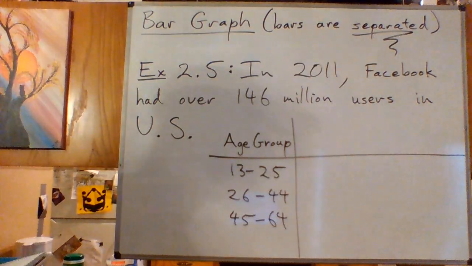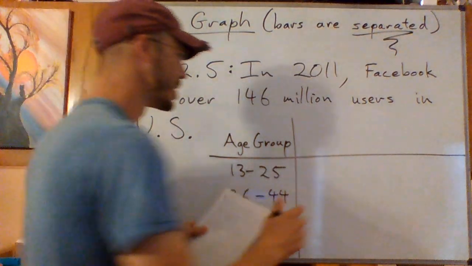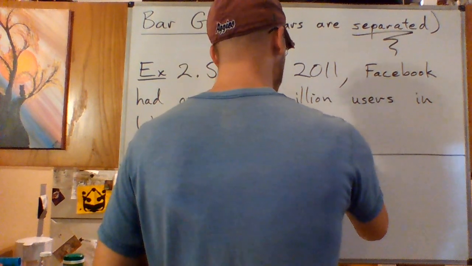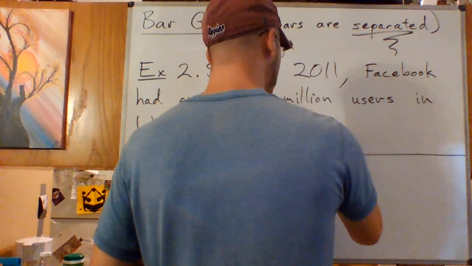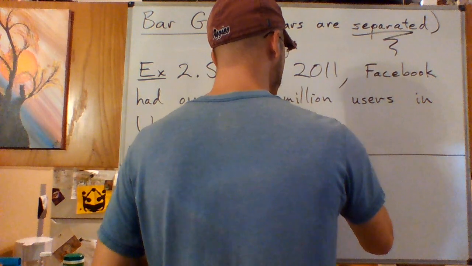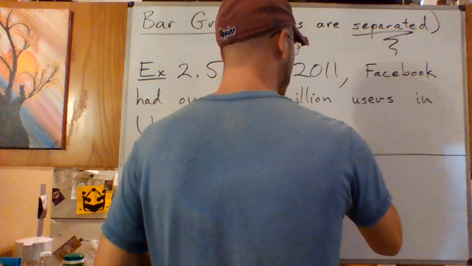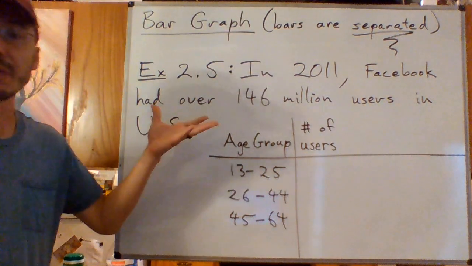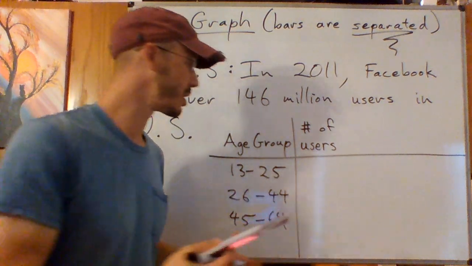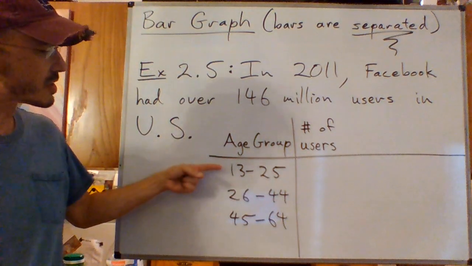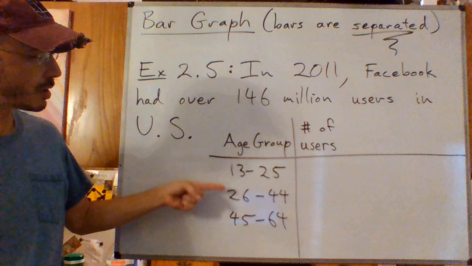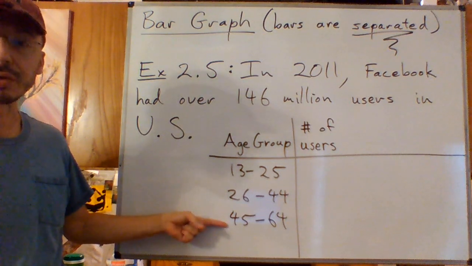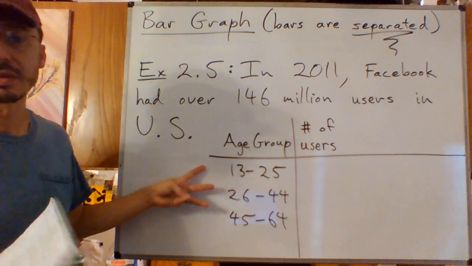In the next column, I'm going to put the number of Facebook users, but number of users that are in that age category. We could think of this as the young, middle, and older groups.